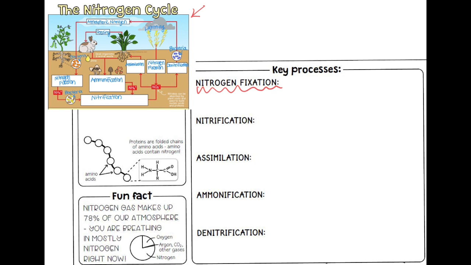So bacteria convert nitrogen gas into ammonium.